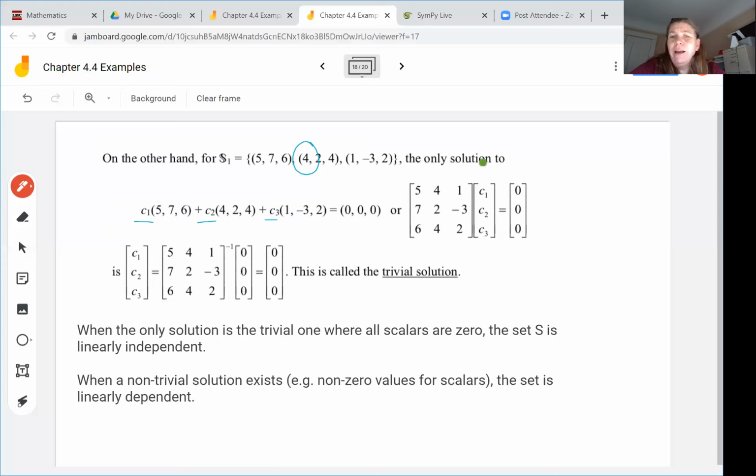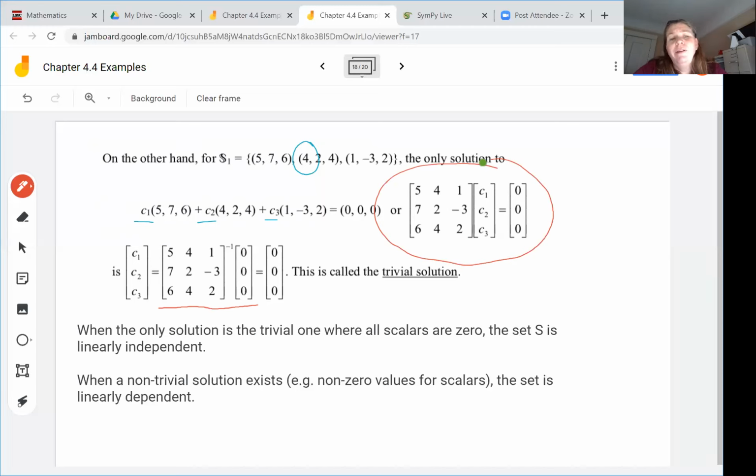Or if we want to write it in terms of matrices, our coefficient matrix times C1, C2, C3 equals 0 only if the values C1, C2, and C3 are all zeros. So this is known as the trivial solution, and you could work backwards if you wanted to do that multiplication and verify the inverse of the coefficient matrix times the 0 vector is only going to give us zeros there.